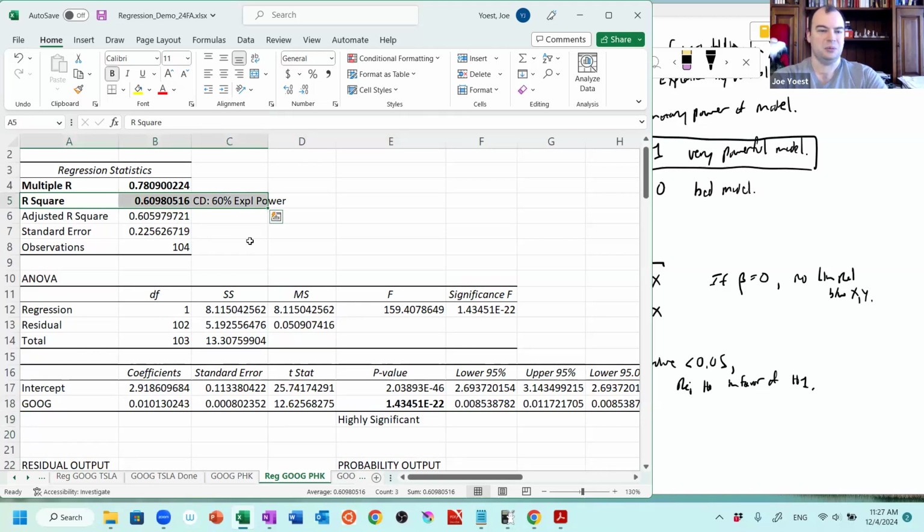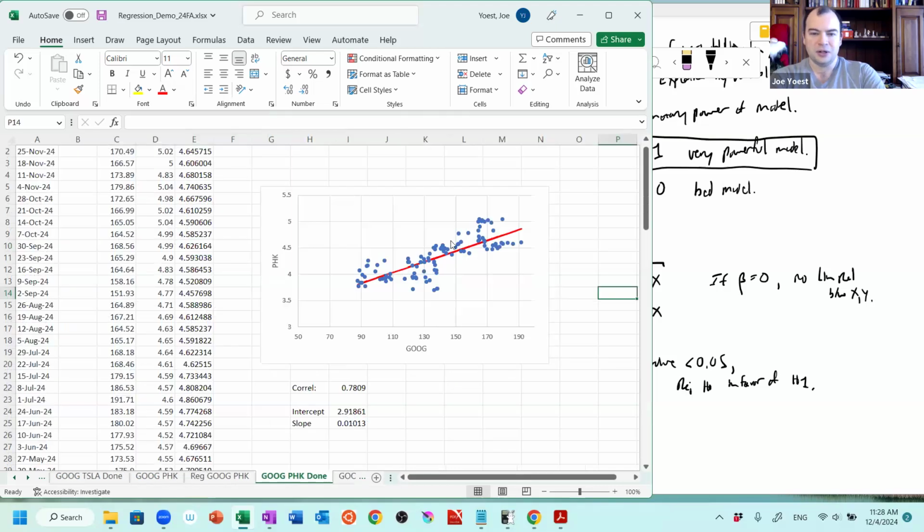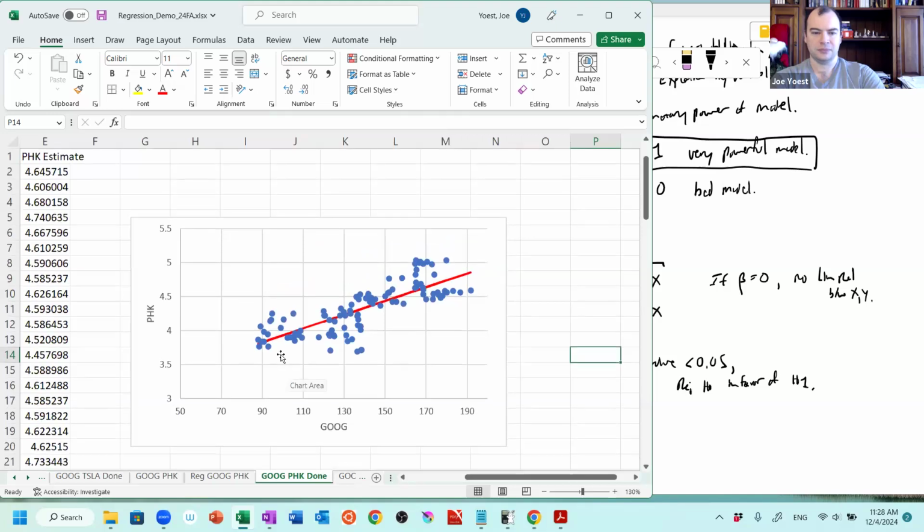However, the 60% explanatory power is a pretty convincing piece of evidence that this is going to be a good model. I also look at the picture, and I do see that this regression line, this red line, does really seem to visually do a much better job of staying close to most of the data points.